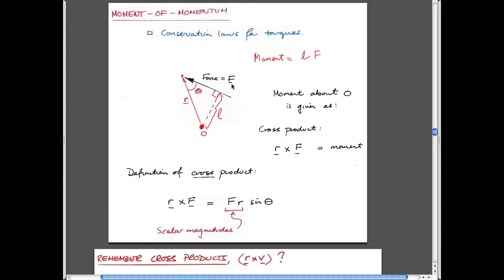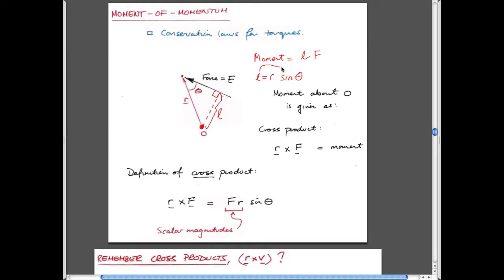The force, of course, is a vector, and this is its magnitude, but it also just has a length. In this case, this value of L is going to be equal to what? The length is equal to the location to where it acts multiplied by the sine of theta. This length here is just equal to R sine theta.